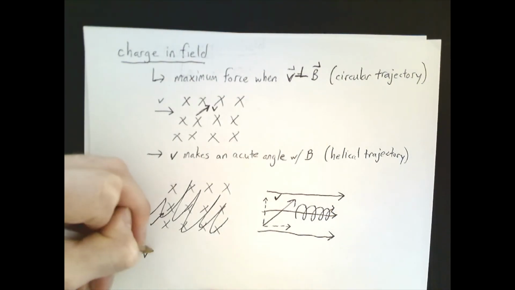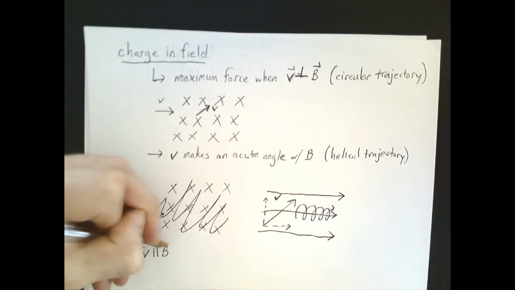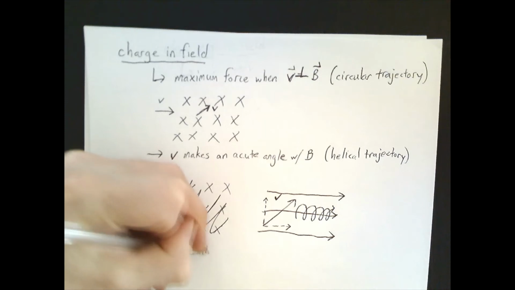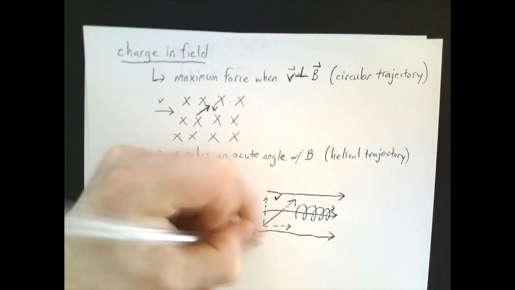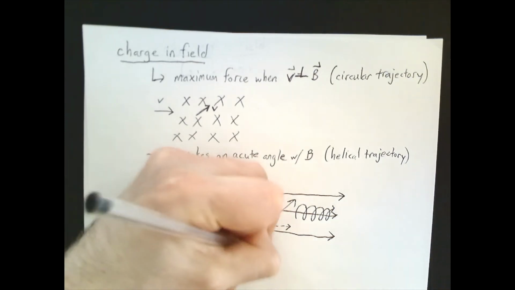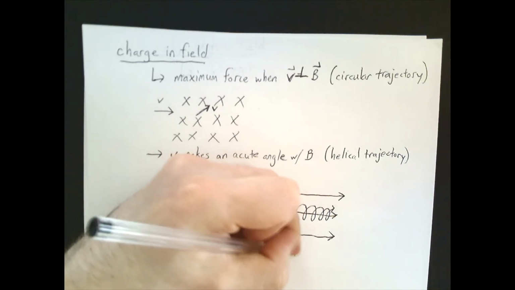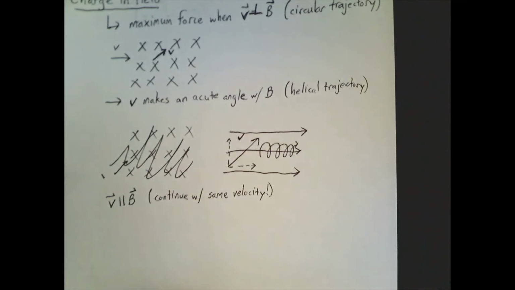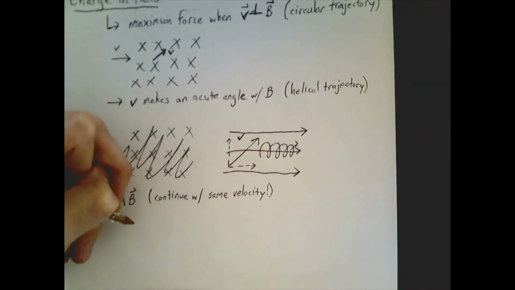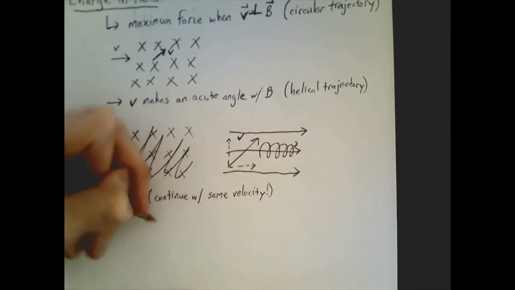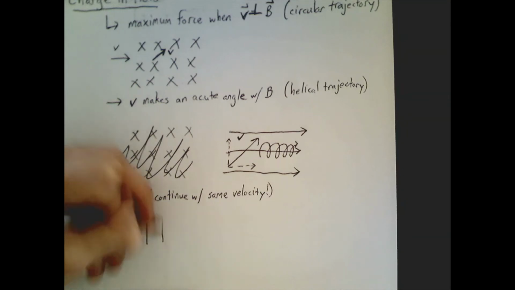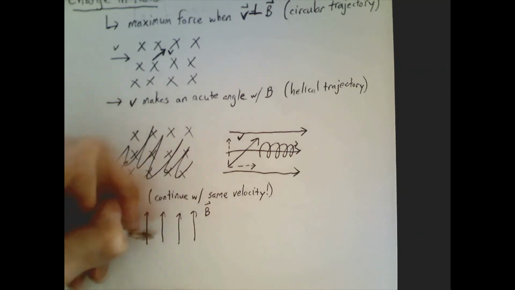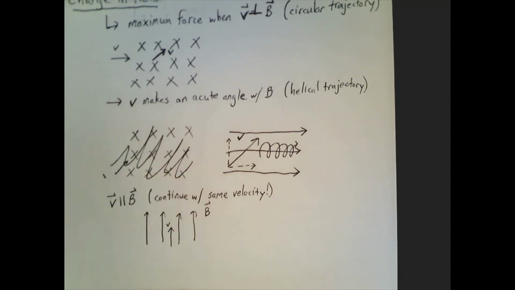And if V is parallel to B, then it will continue with the same velocity. So here's our B field going up. Our velocity vector is right in there.